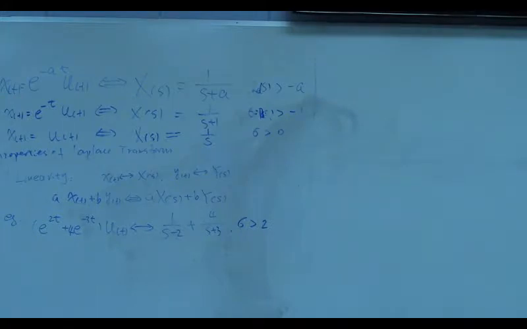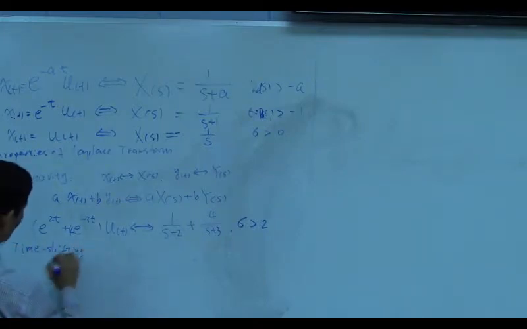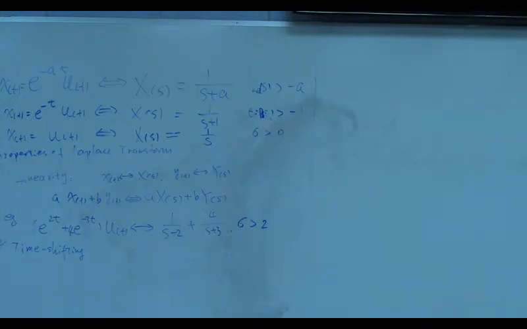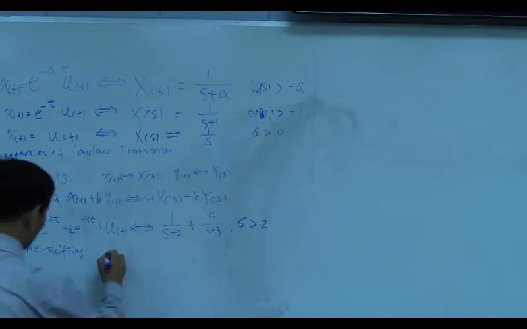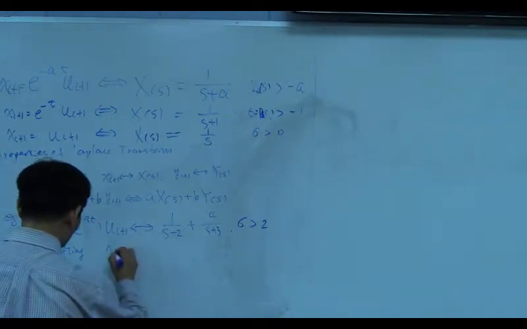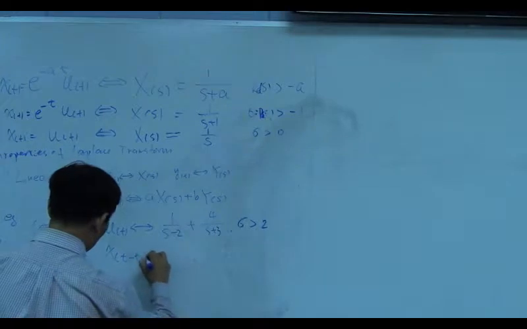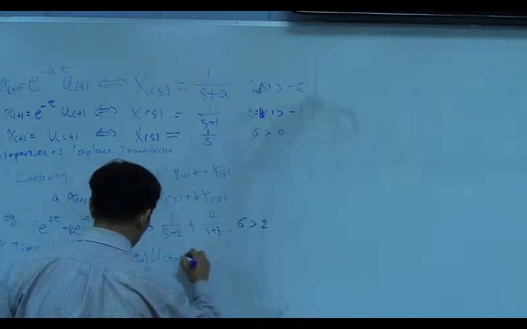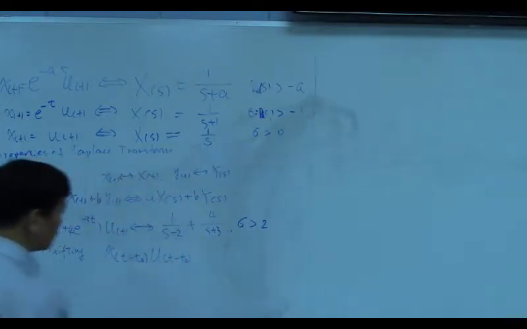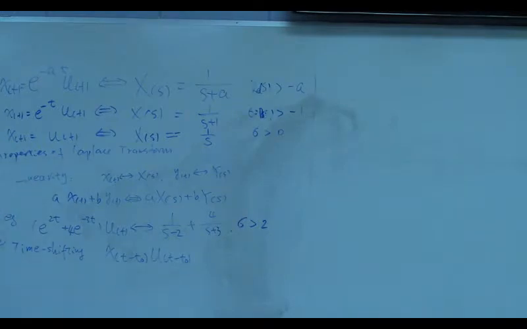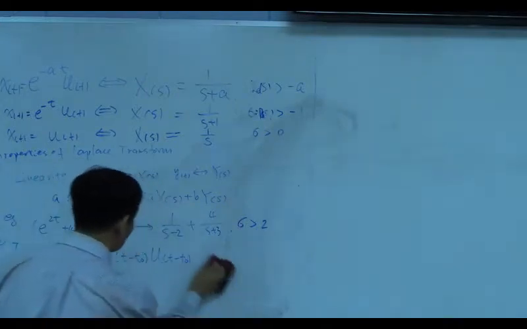Okay, the second one is time shifting. That means we shift the input signal by some time. For example, xt minus t sub 0, ut minus t sub 0.